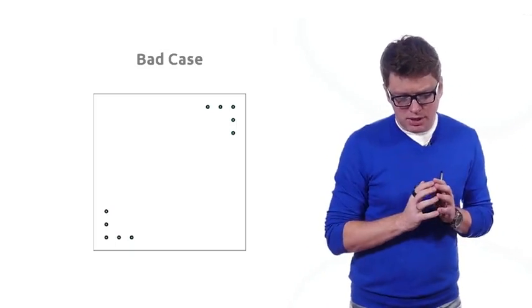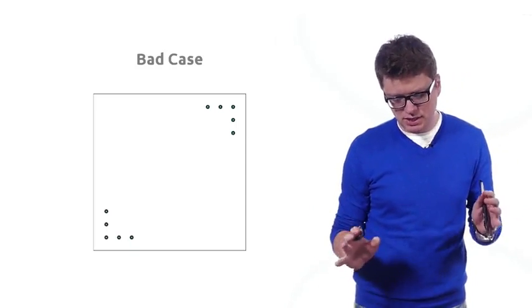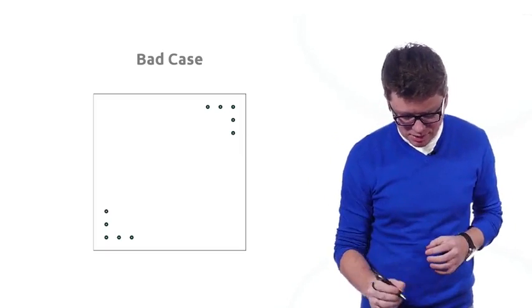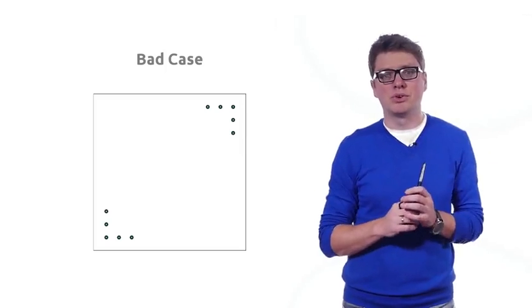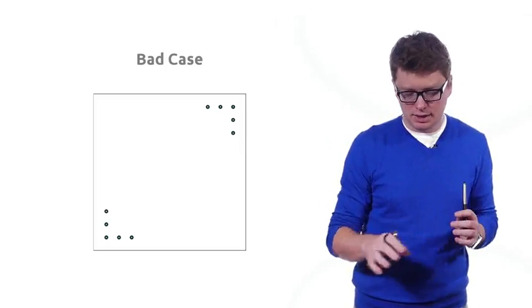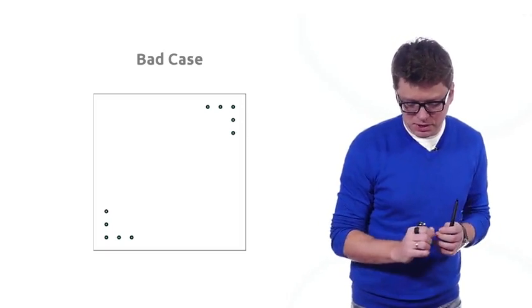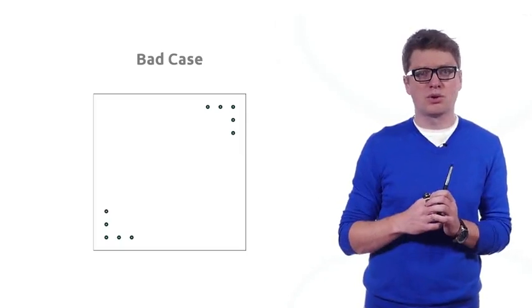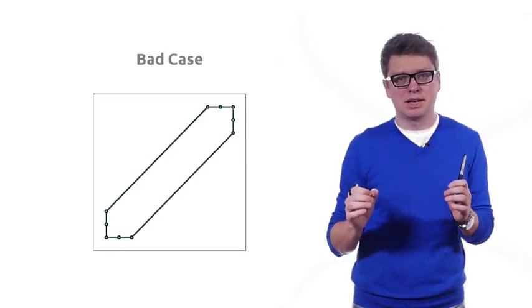Probably a more interesting example is the following. Consider this simple data set. We have a bunch of points at the bottom left corner and a bunch of points at the top right corner. For this particular example, it is not so difficult to convince yourself that the best cycle looks like this.